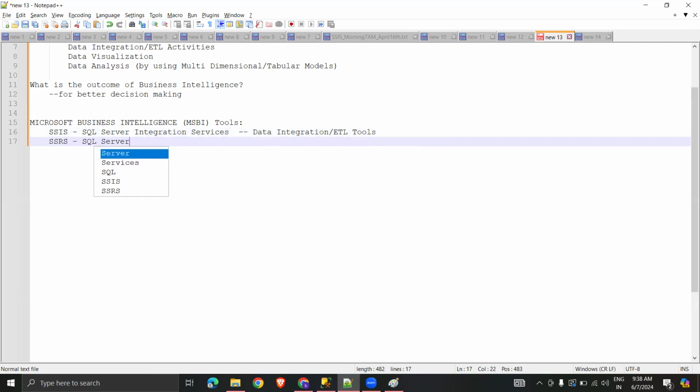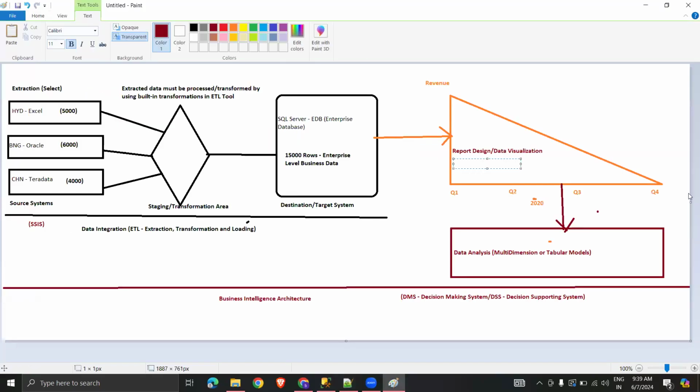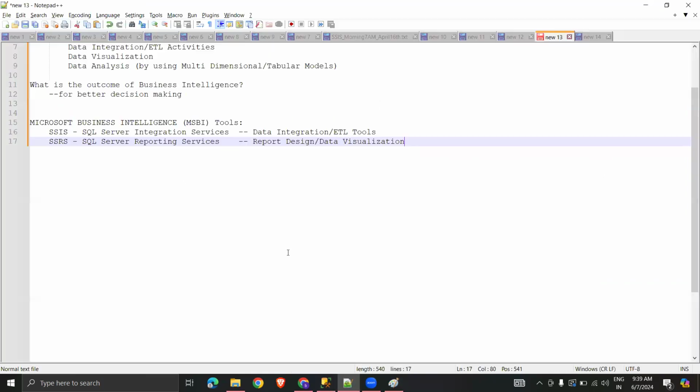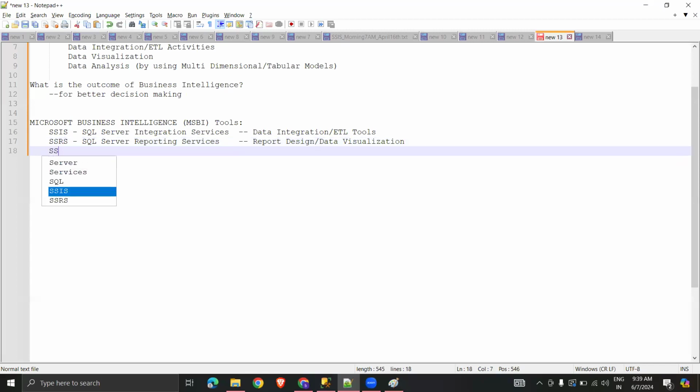SSRS, SQL Server Reporting Services. The name itself clearly states that this is for data visualization, report design. So this portion can be achieved by using SSRS. And SSAS, SQL Server Analysis Services.